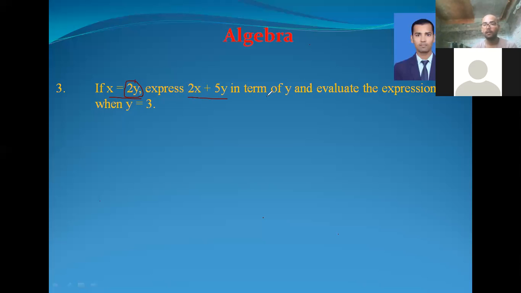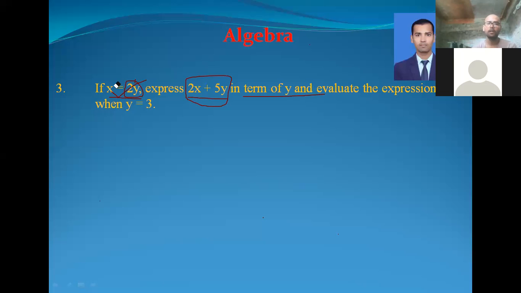For this, read the question carefully. If x is equal to 2y, express 2x plus 5y in terms of y. We need to find the answer of the expression by using the value of x in the form of y. It means y needs to be there in our answer.